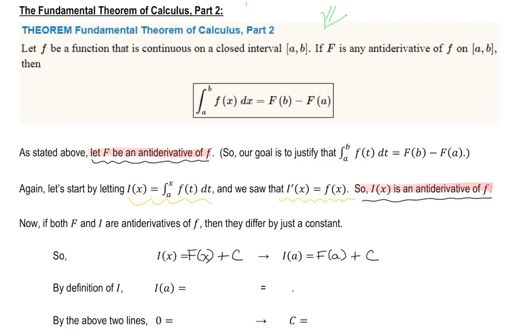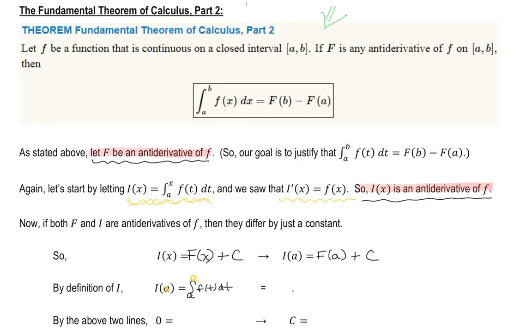Now, by my definition of capital I up above, capital I of A is this definite integral from A to A, since I'm subbing in A as my upper limit, of f of t dt.